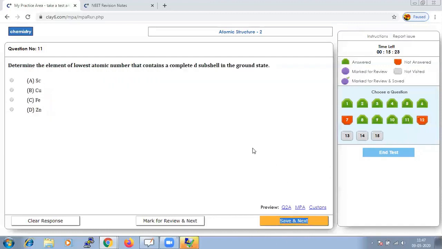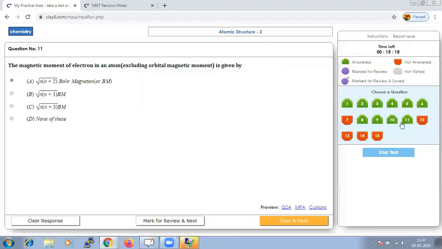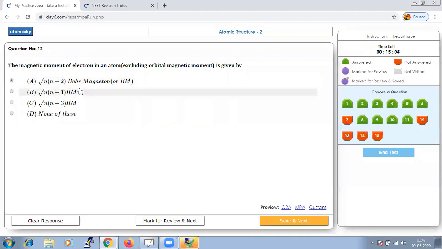Here it says the magnetic moment of an electron in an atom is given by, this is the direct formula which we were discussing till now. Previous questions were solved using this formula, hence your option will be A. It is well known.